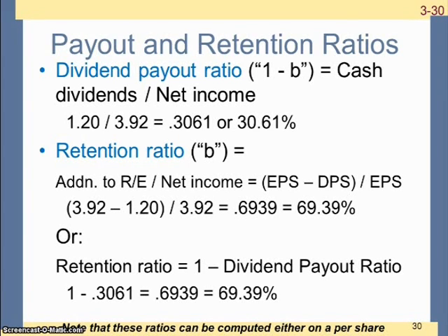This formula can be rearranged to show that the retention ratio plus payout ratio equals 1, or essentially 100%. That is to say that the amount paid out in dividends plus the amount kept by the company comprises all of net income. Hence, 30.61% of dividend payout ratio plus retention ratio of 69.39% equals 100% of net income.